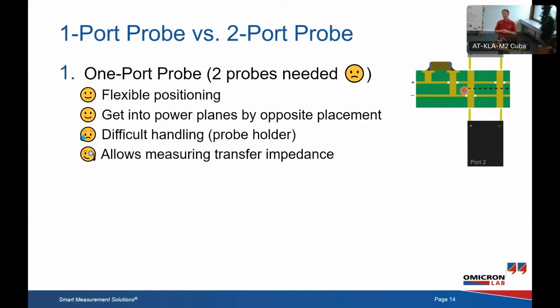And if you also add test points and calibration points with the same wire structure on the same PCB close by, then you can calibrate the entire setup into the power planes, and you can measure the power planes inside. That could be useful if you want to compare simulation to your measurement, and if you want to know what is really going on inside the PCB. So that's an option that you only have when you use 2 1-port probes.